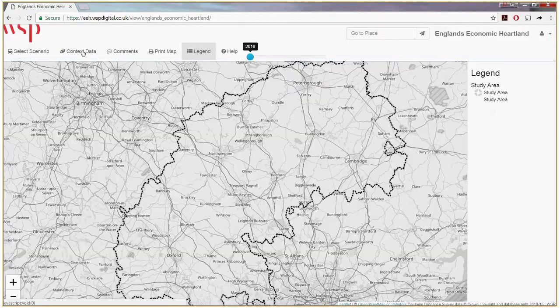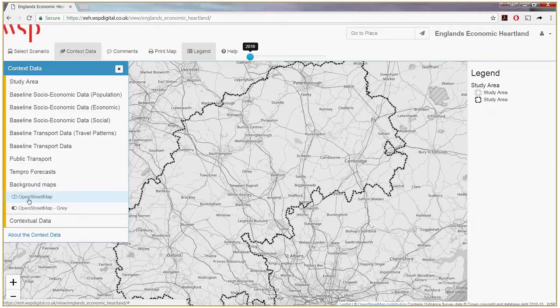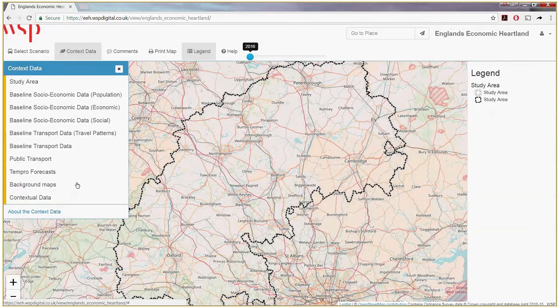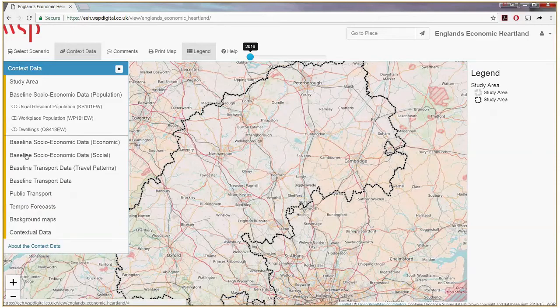Most of the things we need are on this context menu area. So we have baseline information that gives us the context of how the region operates, and then we have transport information that shows how people are getting around.